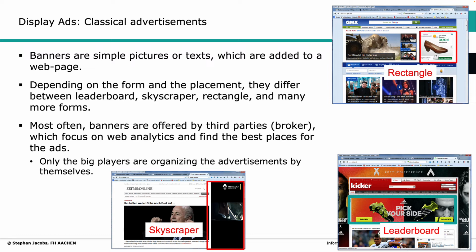So you get maybe a price of 30,000 euro, and they guarantee maybe 1 million unique visitors, something like that. Depending on these figures, you can calculate your cost per mille.